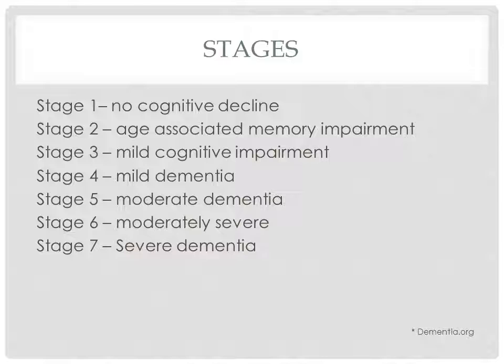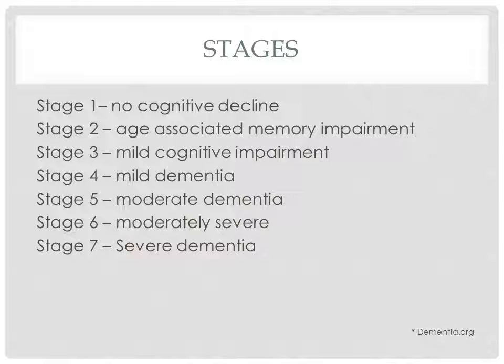Patients often start to experience mild to moderate anxiety, and these symptoms increasingly interfere with day-to-day life, according to Dementia.org. Stage 4 is mild dementia. In this stage, patients become more socially withdrawn as memory loss begins to worsen and personality and mood changes are noticeable.